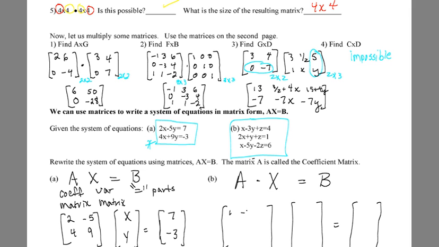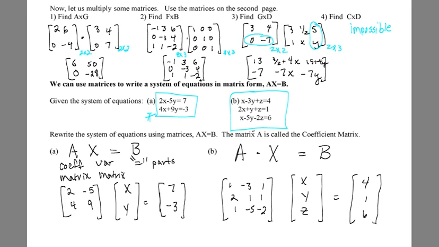So it'll be 1, -3, 1, 2, 1, 1, 1, -5, -2. X is our variable matrix, just names the variables involved. Here we have 3, x, y, z. B represents the equal to parts, 4, 1, 6. Hang on to this because we'll use that shortly when we look at solving a system of equations.